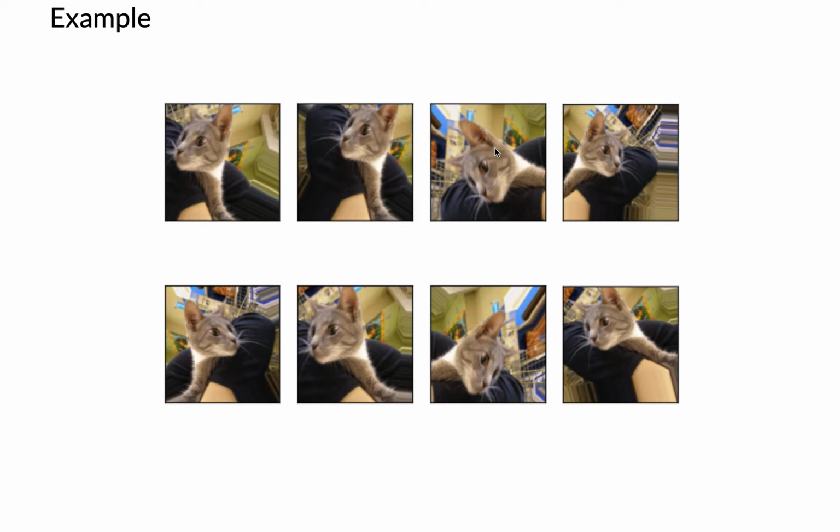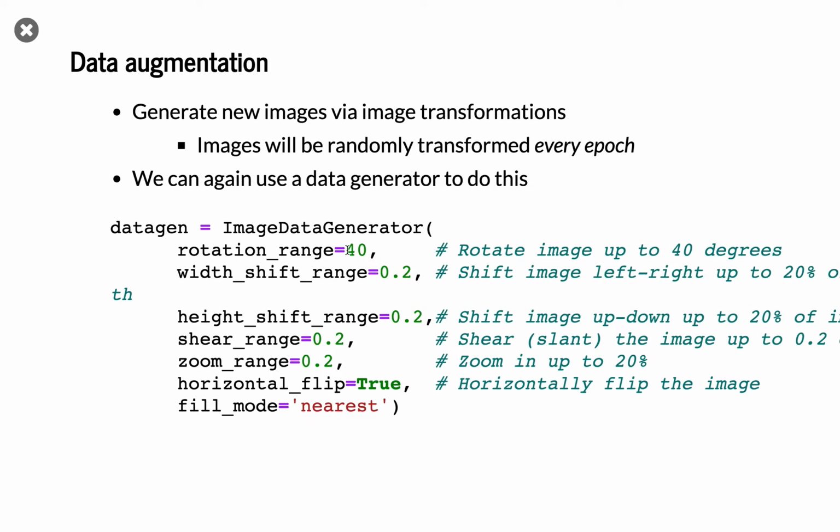Again, you can use an image data generator for that. So in this case, we create one where it's allowed to randomly rotate your images up to 40 degrees. It can shift the images left, right, up to 20%. It can shift them up, down 20%.